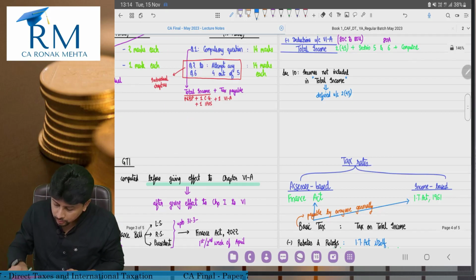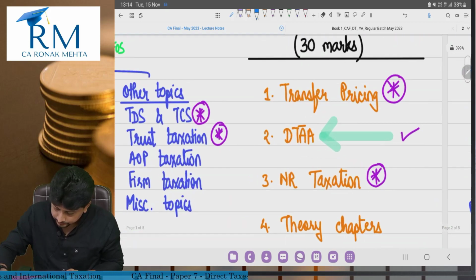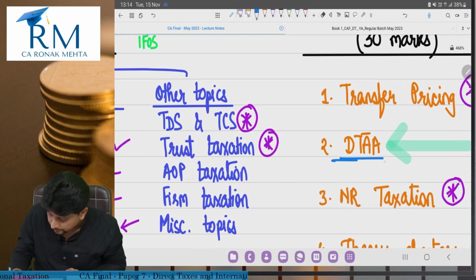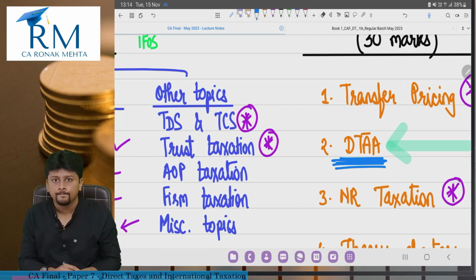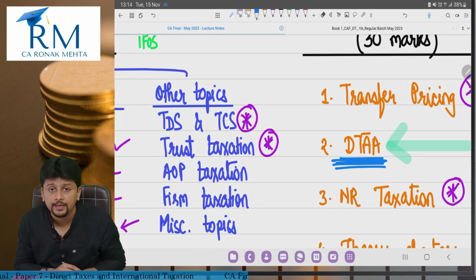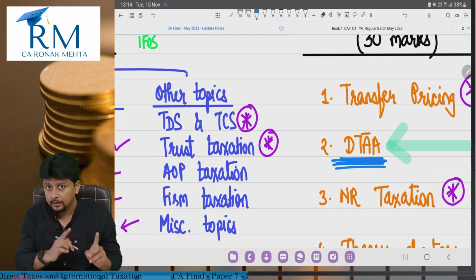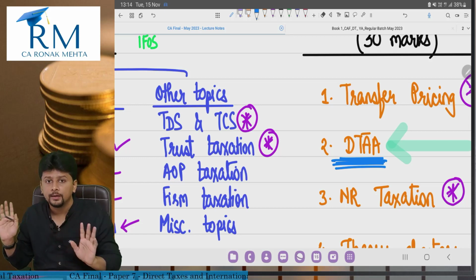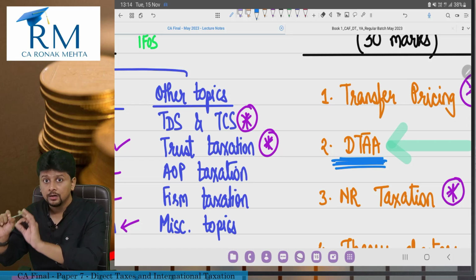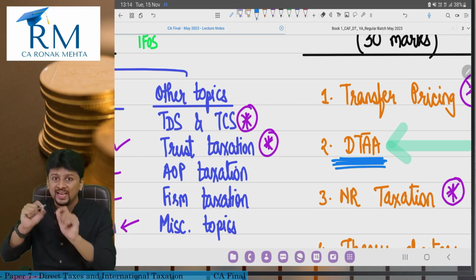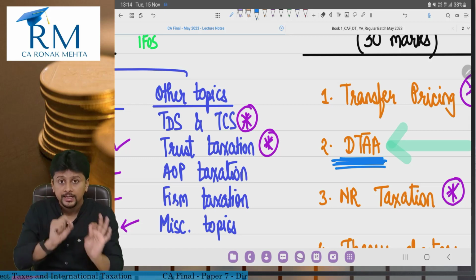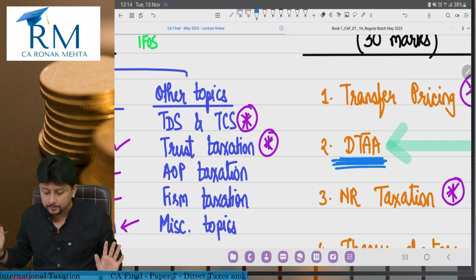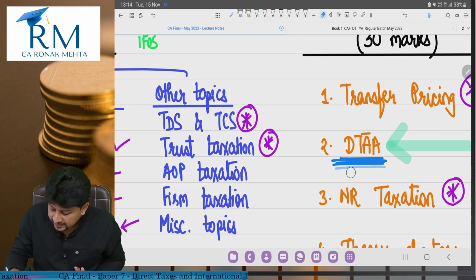And if you remember, this is my solution: Double Taxation Avoidance Agreement, DTAA. It is an agreement to avoid double tax. So the solution is there.